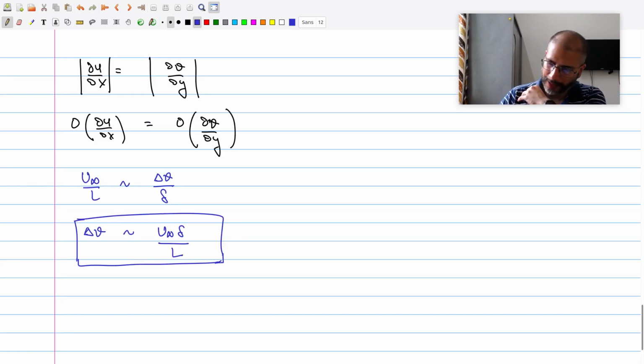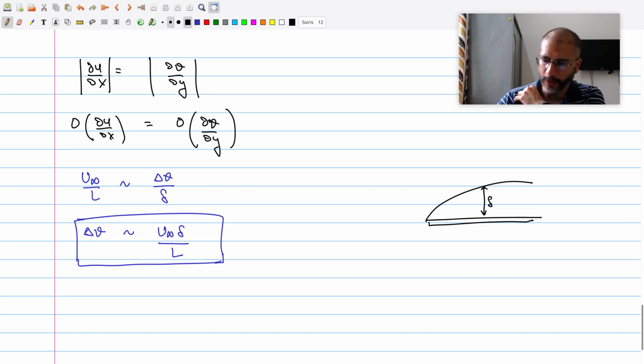Now, delta v was the change in v that we got in this delta thickness in the boundary layer, and we know that at the surface of the plate v is 0. So at the surface, v is of the order of delta v, and in this region v is of the order of delta v.